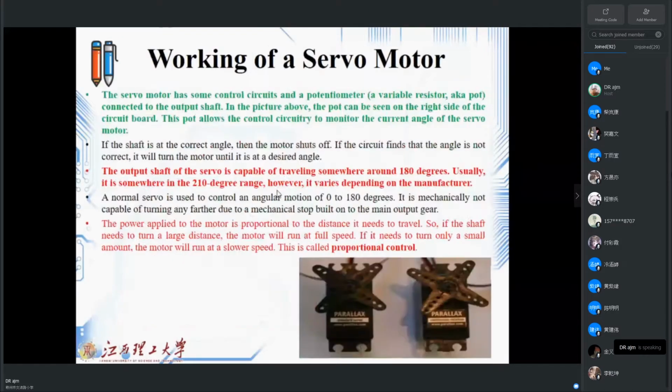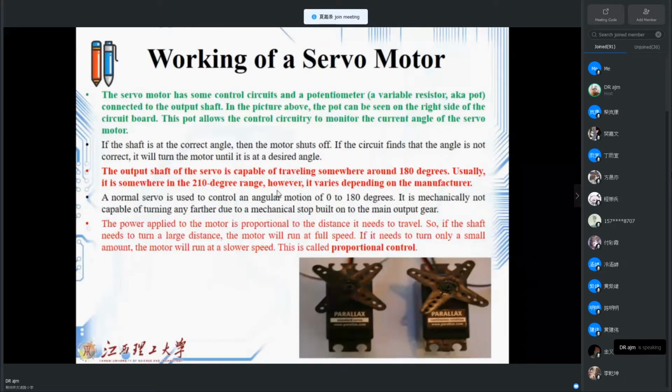If you want to see how servo motors work, they have a control circuit and a potentiometer, also called a variable resistor, which is connected to the output shaft. In the picture above, the pot can be seen on the right side of the circuit board.